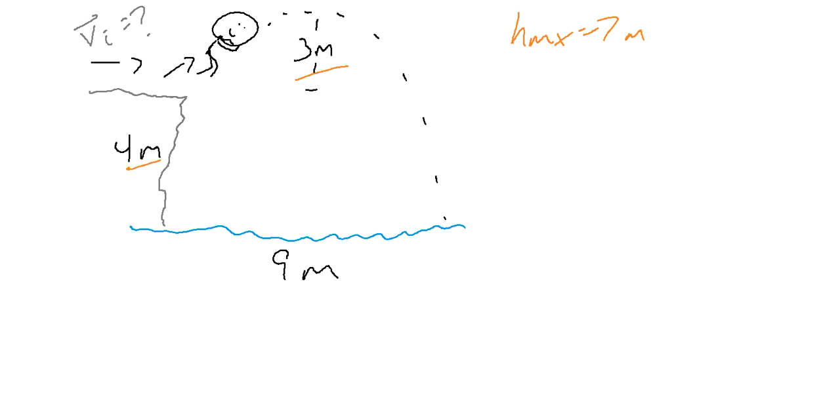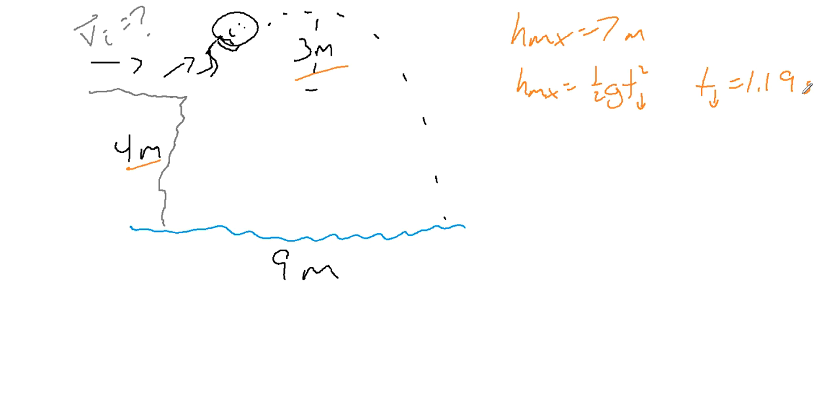So if I did my maximum height is equal to 1/2 gt squared, that would be the time down. So I can plug all this stuff in there, I can find the time down, and my time down is around 1.19 seconds. Okay, so I've got that.